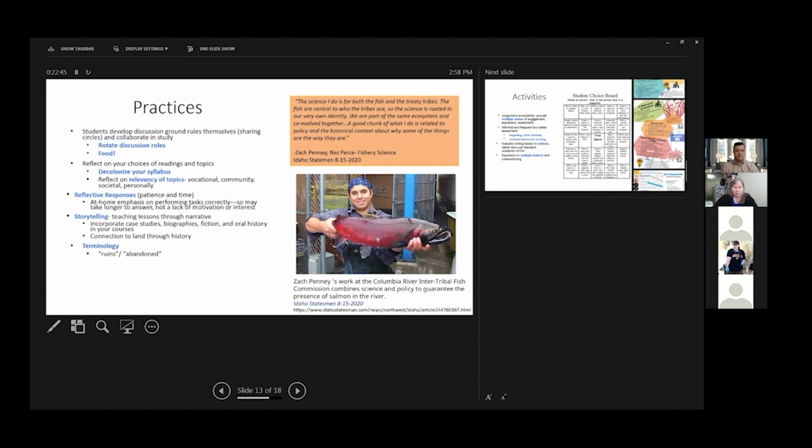Also rotate roles during discussion, so not everybody is always doing the same thing, and they can show their different strengths. Integrating food is always good and appropriate when indigenizing. It's always good and appropriate, period, from what I say. Again, these are things that are appropriate for all students and include all students.